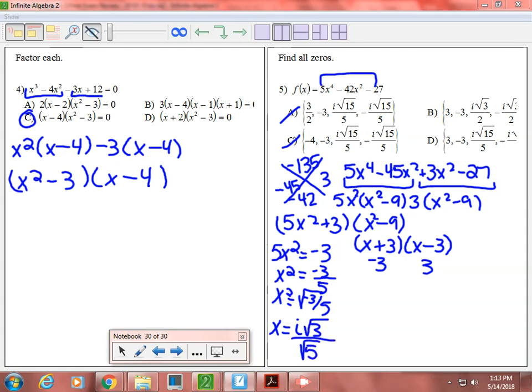Well, that's still not one of your options because we have to rationalize the denominator. And what that means is multiply by root 5 over root 5. So that's going to give us i root 15 over 5. And remember, that's plus or minus. So my only option for this one is D. Okay, plus or minus i root 15 over 5.